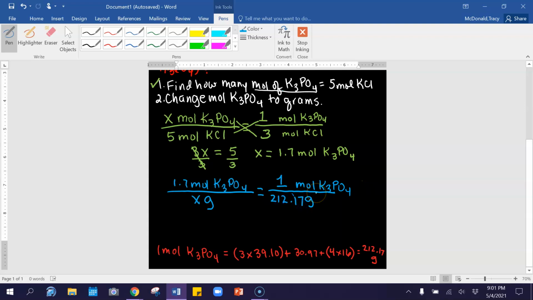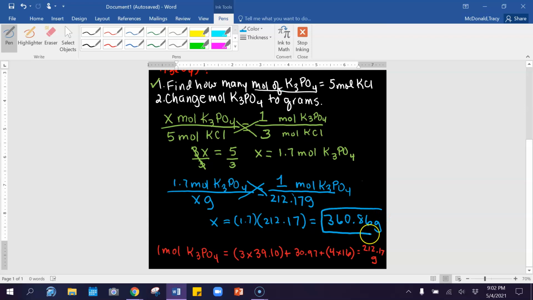So I have 212.17 grams. Now, to find my answer, because we're on number 2 of my plan, I need to cross multiply. So 1 times x is x, and that is equal to 1.7 times 212.17. And when I punch that into my calculator, I get an answer of 360.86 grams.